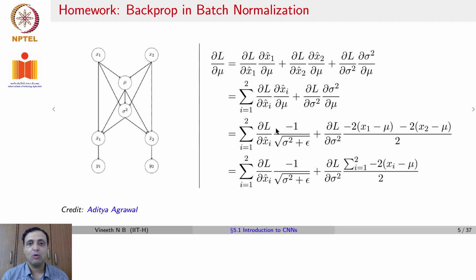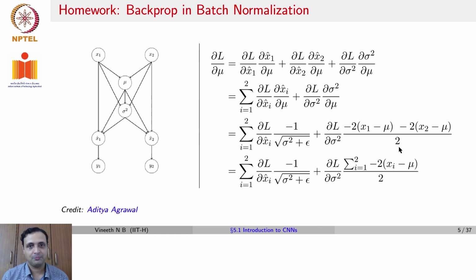This once again follows directly from the definition of xi hat to be (xi minus mu) by root of (σ² plus epsilon). And the term here, ∂σ²/∂μ, gets written in terms of x's and mu's, because σ², once again by the same expression, can be rewritten in terms of all the x's and the corresponding mu.